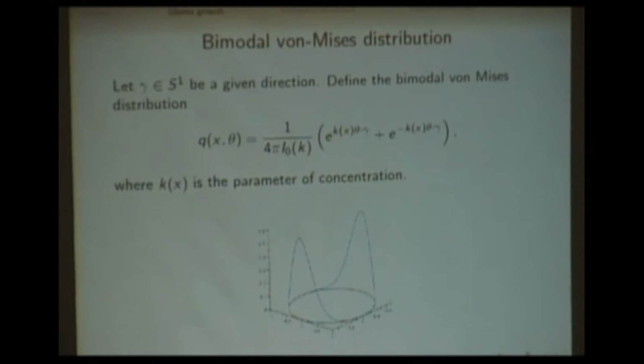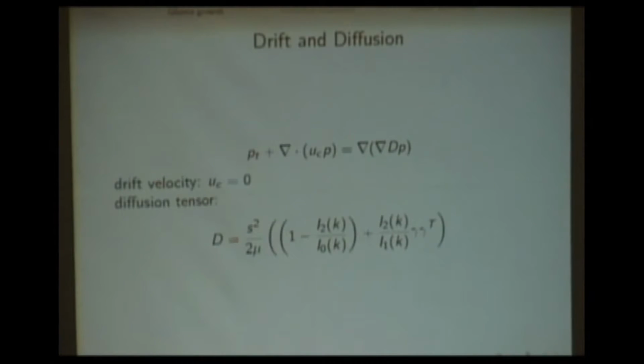Now just assume I know the von Mises distribution, then I take this Q, put it in my transport model, and compute the variance covariance matrix, and I have my diffusion tensor. So here I do this for the von Mises. For the bimodal von Mises, you get a drift velocity of 0 because it's symmetric, and the diffusion tensor is this.